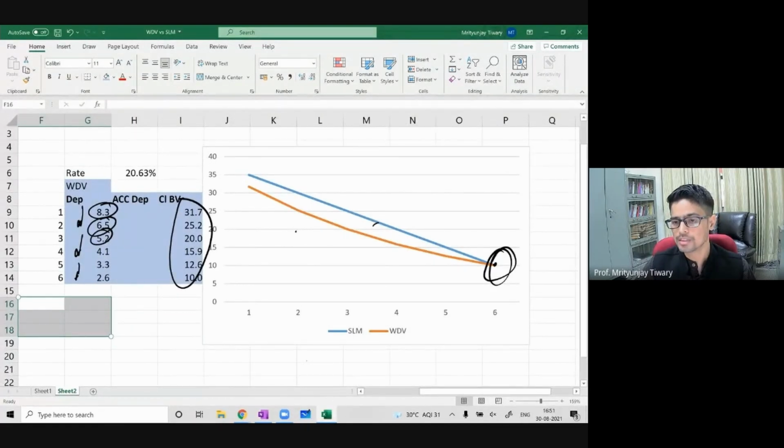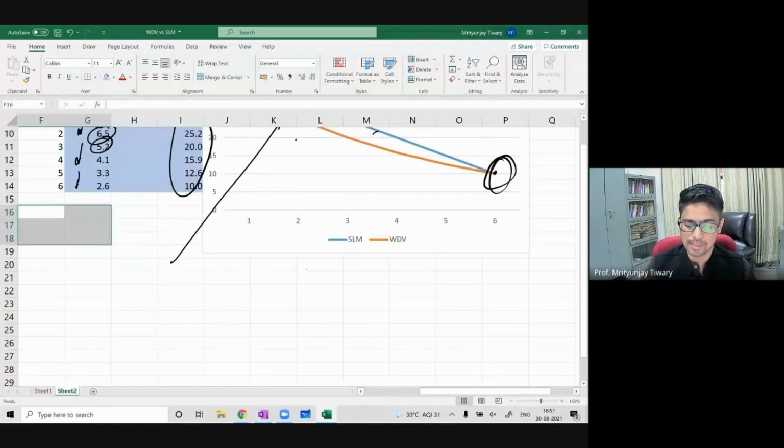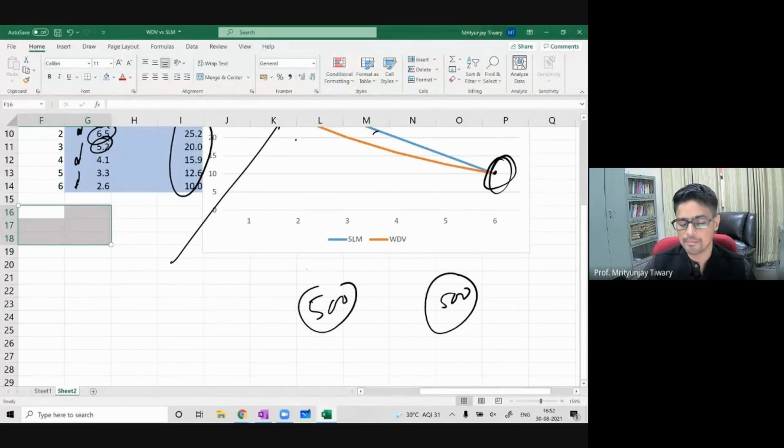Coming back to Vidhi's comment earlier, in the balance sheet, WDV will always be an understated number as compared to SLM for the same performance. That means if both of them are reporting 500 crore rupees of asset, the one using WDV in real terms has a much bigger asset position as compared to the one using SLM. Did you understand this last conclusion?